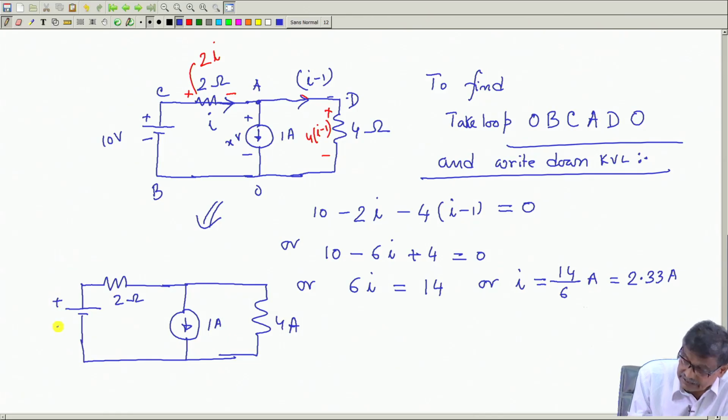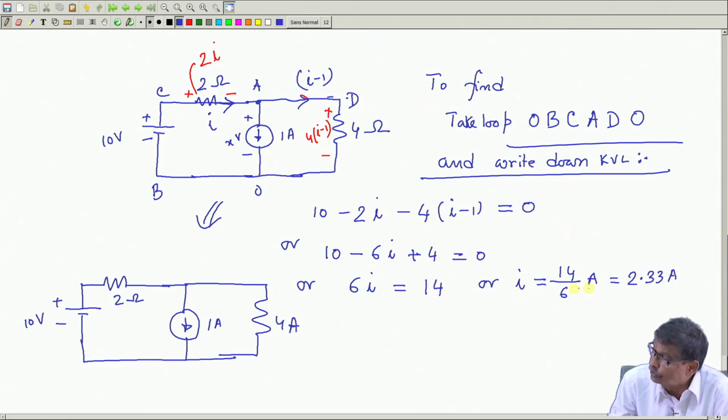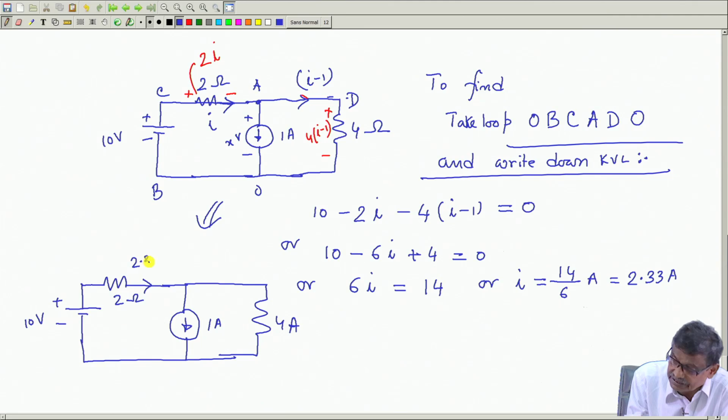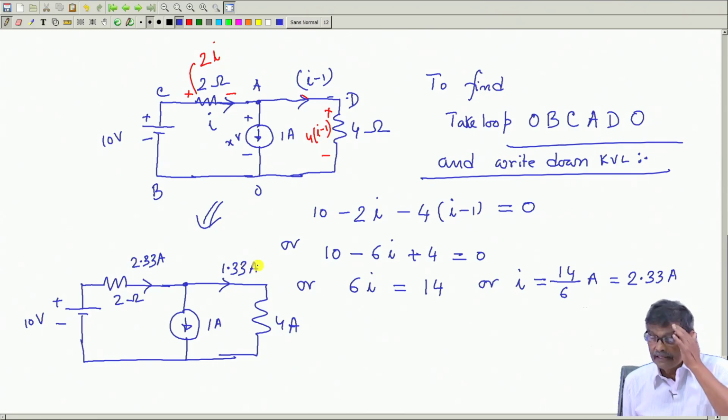Then this is 10 volt, and now I have solved the circuit, and this I has come out to be positive. So, this current is 2.33 ampere flowing, and then I apply I minus 1. So, 2.33 minus 1, this current will be 1.33 ampere.